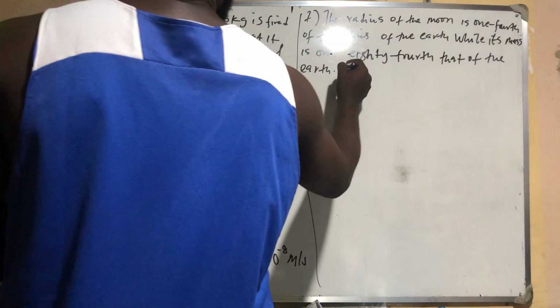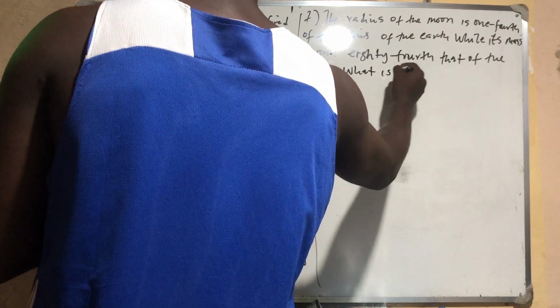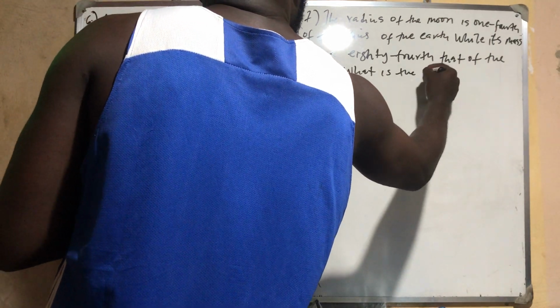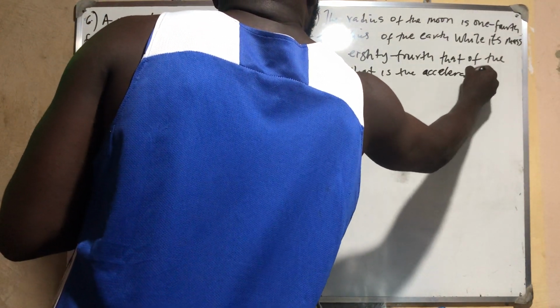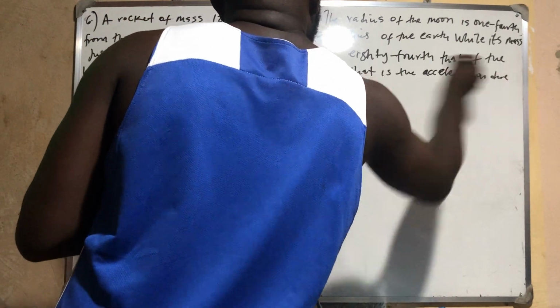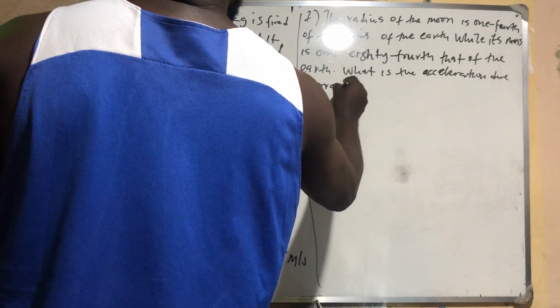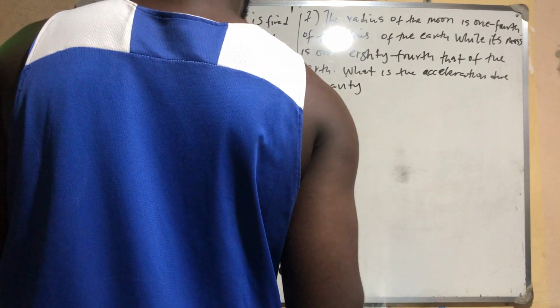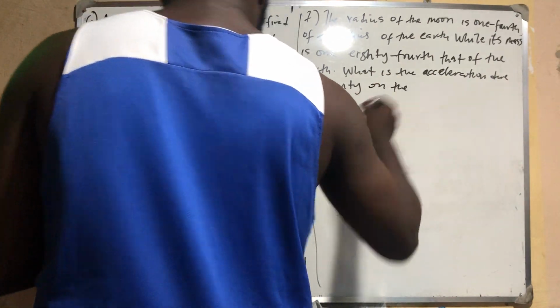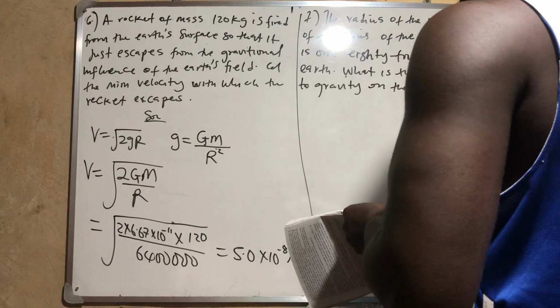Then it says, what is the acceleration due to gravity on the surface of the moon?